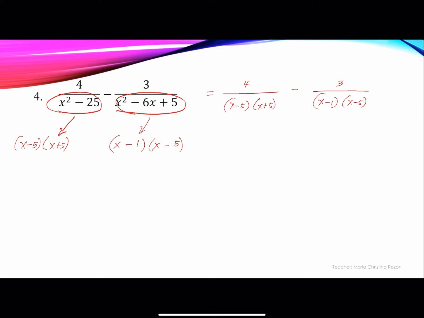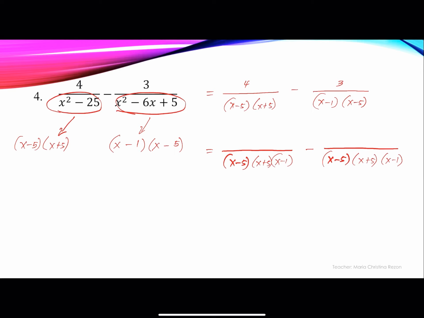So our LCD, or least common denominator, the common is x minus 5. What is left here is x plus 5, and then you have x minus 1. So x minus 5 times x plus 5 times x minus 1.